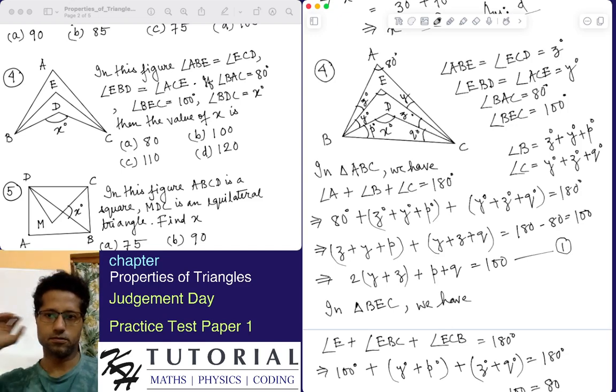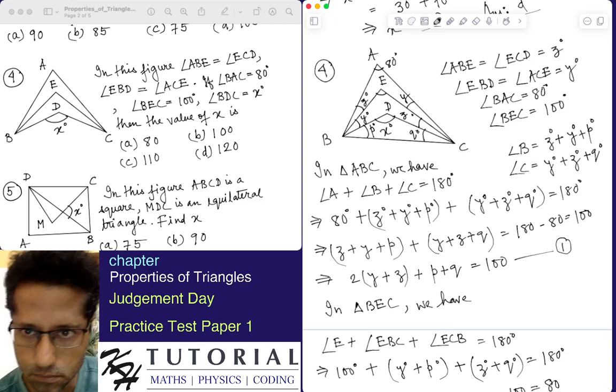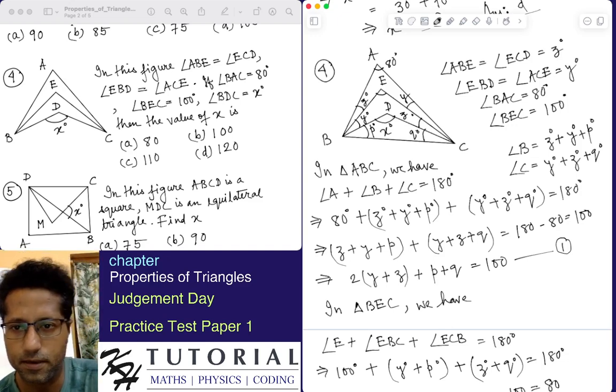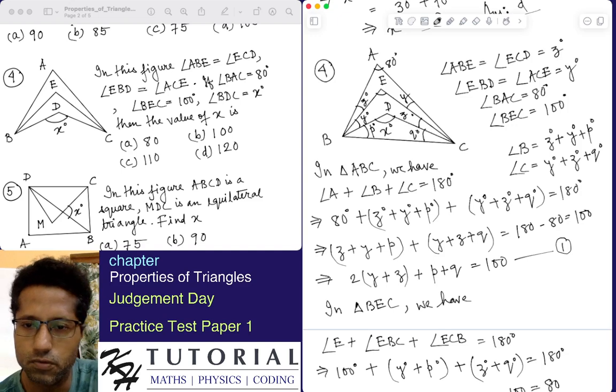We have to find x. We have considered the angle DBE as P and angle DCB as Q degree.